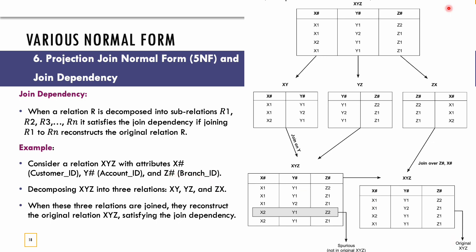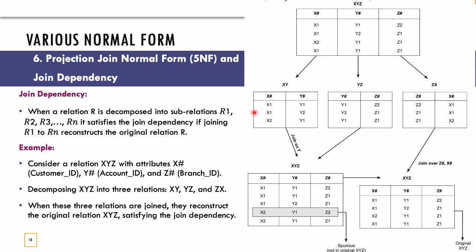To ensure that each piece of information is stored independently without redundancy, we might split the XYZ into three separate relations. Okay, we have three separate relations over here. We have XY.